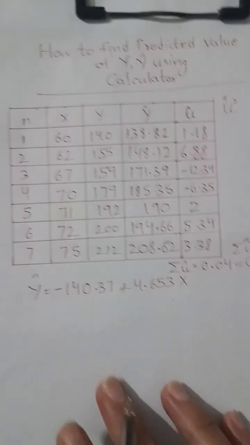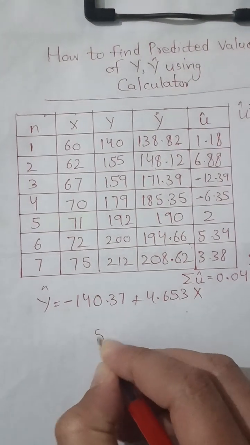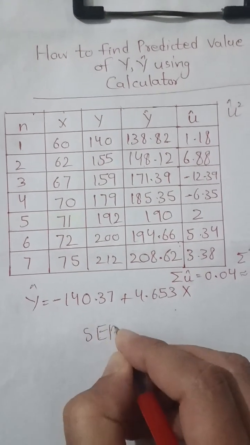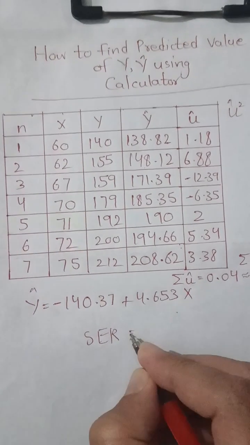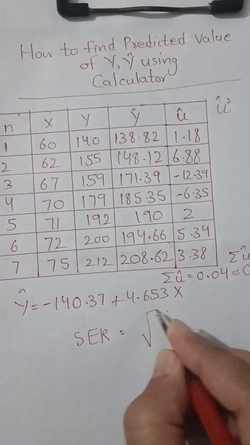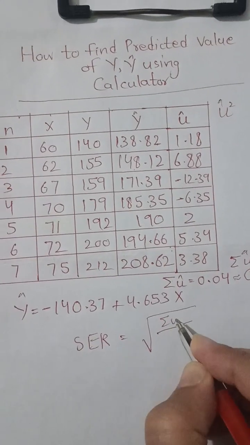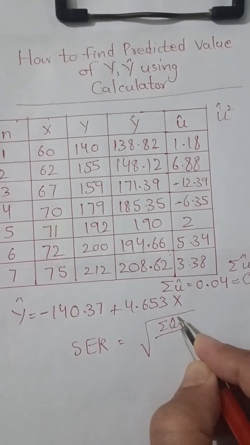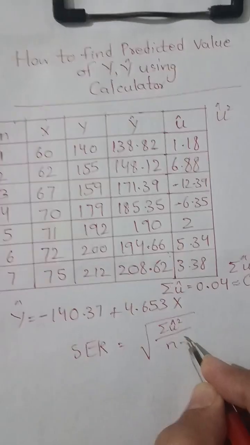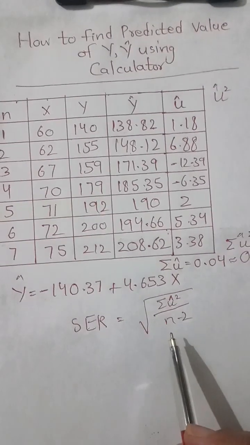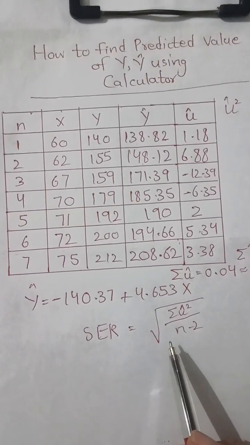To calculate the standard error of regression, the formula we use is square root of sum of u hat square over n minus 2. So this is the formula for the standard error of regression.